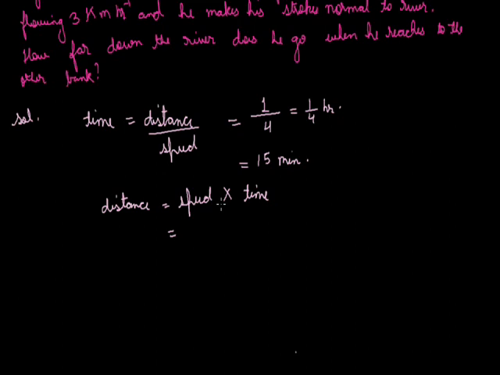Due to the flow of the river, the man will go down the river. So the distance will be 3 into 1 by 4, which is equal to 3 by 4 kilometers, which may also be written as 750 meters.